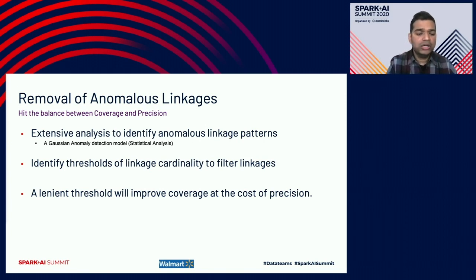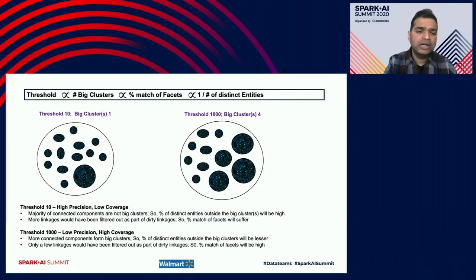So, what is the cost? If we are removing some linkages, that means we are losing some kind of data, some information about the customer. So, this is a trade-off between coverage and precision, which we will talk about a little bit in the next slide. Here, what we're demonstrating is, for the same amount of data, if we keep a smaller threshold where you would be stringent and remove any IDs that have connections to more than 10 IDs, what you see is the picture on the left.